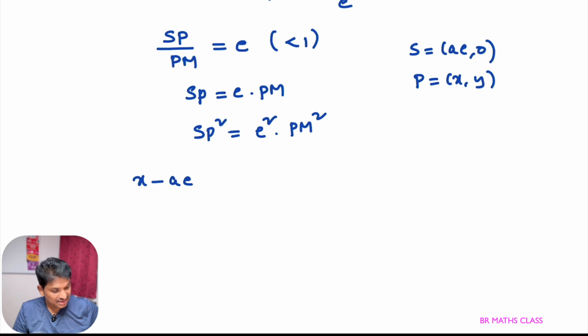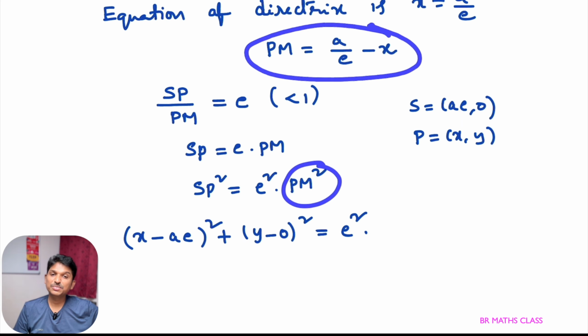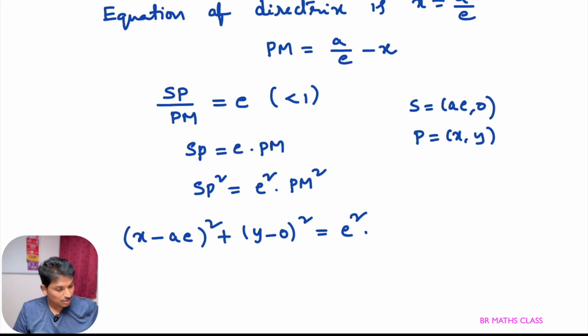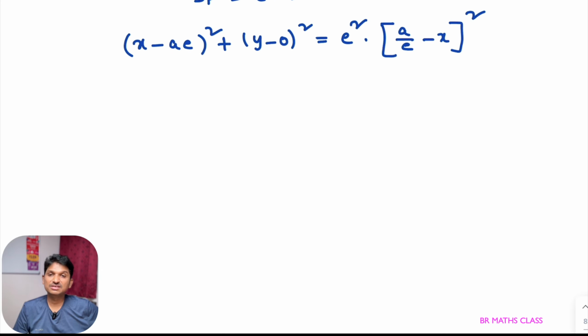X minus AE whole square, distance between 2 points formula, plus y minus 0 whole square equal to E square into PM square. PM is what here? PM is A by E minus X. PM square, that means A by E minus X whole square. Okay. Now you simplify this.